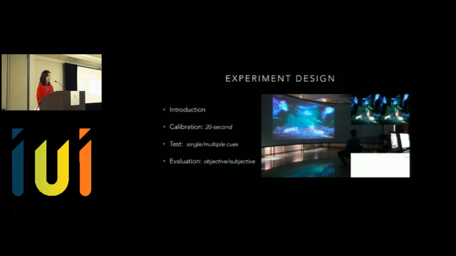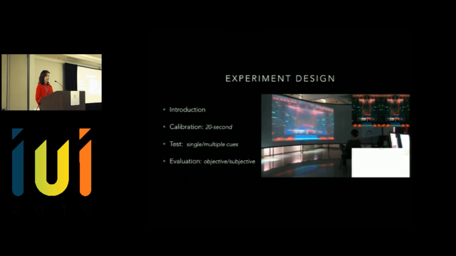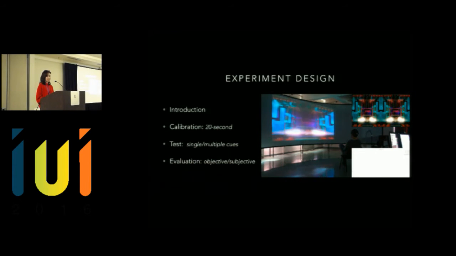After we helped the audience put on the EEG device and the 3D glasses, we leave a 20-second calibration time. During this time, the audience gets used to the system, and we also get their baseline to establish the decreasing threshold. In the formal testing period, the single or multiple cues can be triggered.